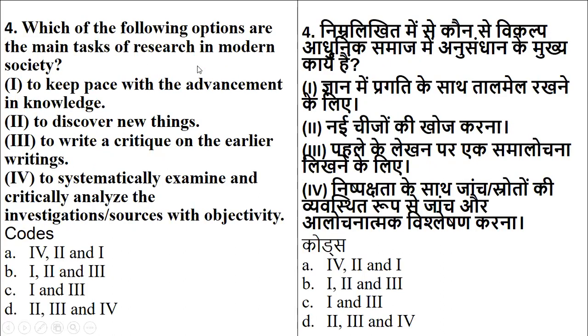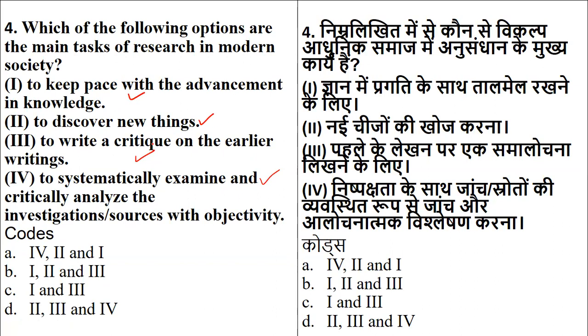Next, coming to which of the options given below are the main tasks of research in modern society. So when we talk about research in today's contemporary era, which comes under that? They have given various options: to keep pace with advancement, to discover new things, to write a critique, to systematically examine and analyze the investigation.